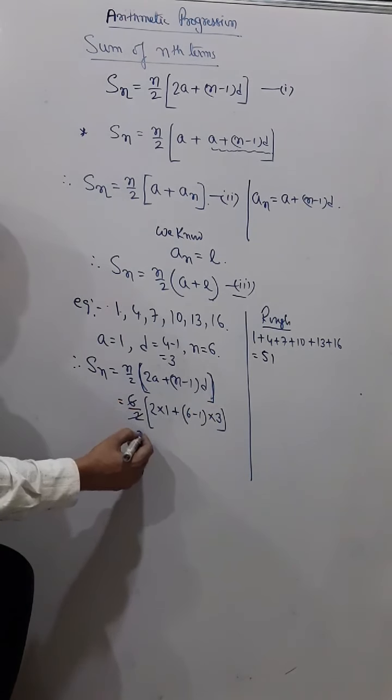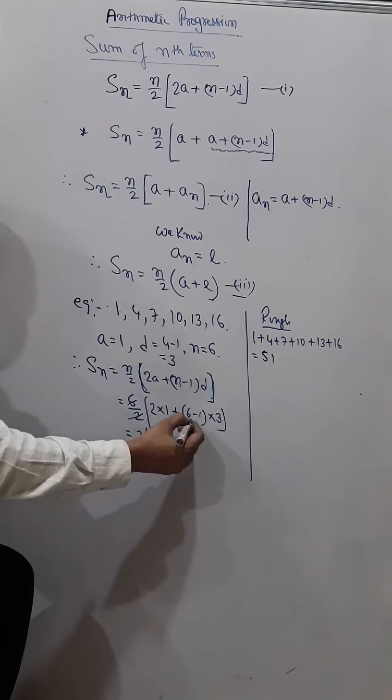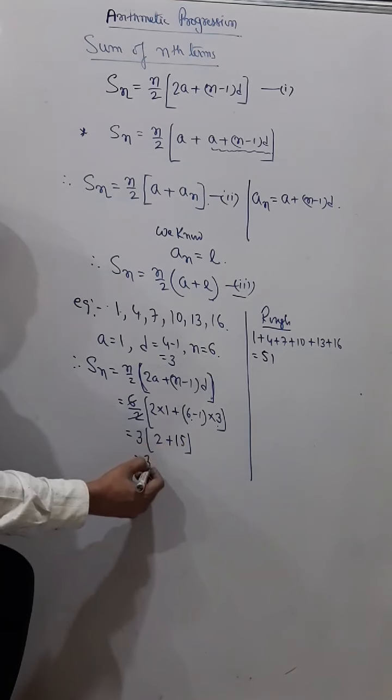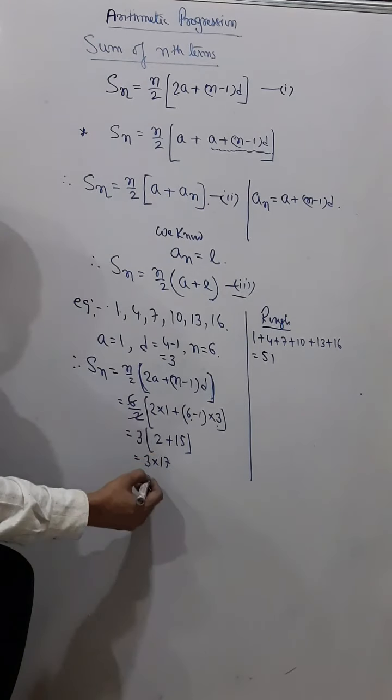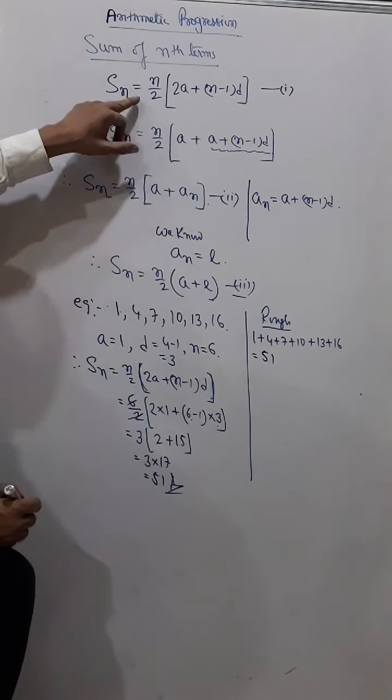So here we get 3 into 2 plus 5 into 3, that is 15, and you see what you get: 3 into 17, we get 51. Okay, by using this formula.